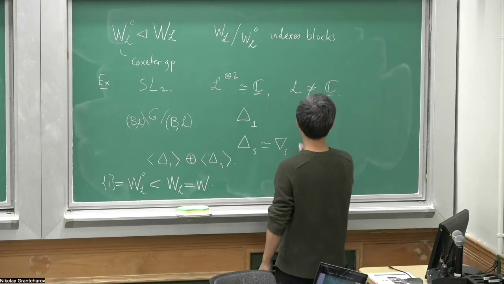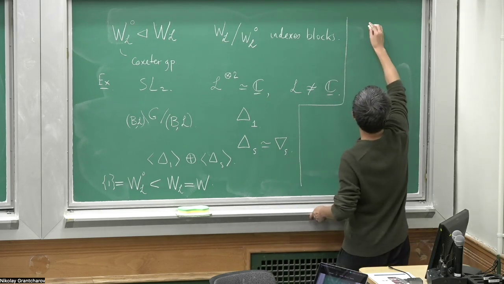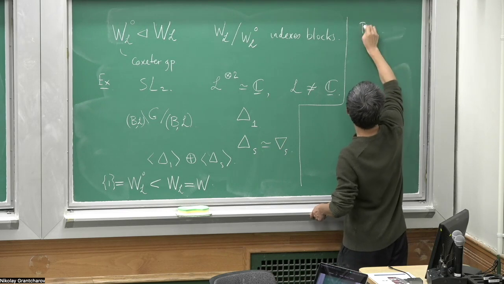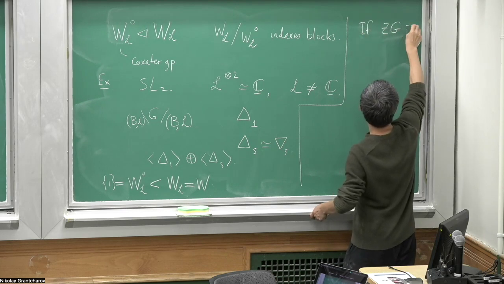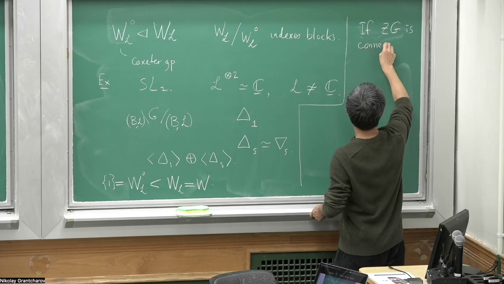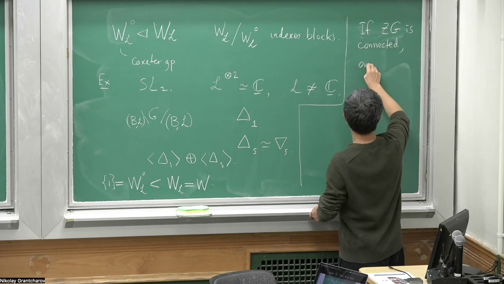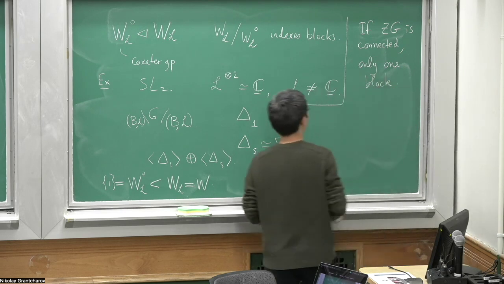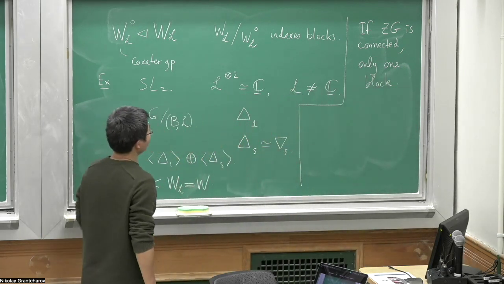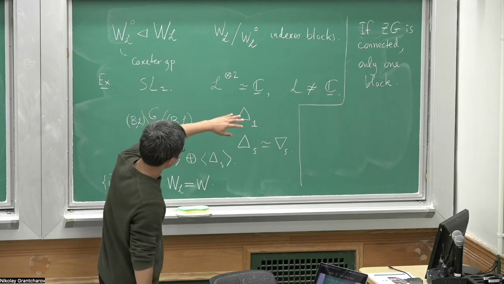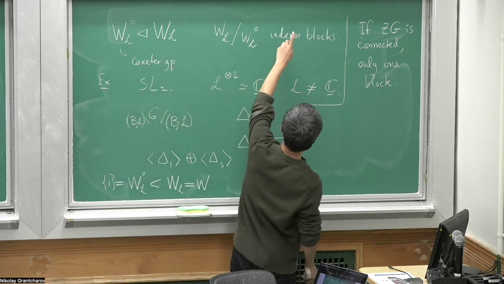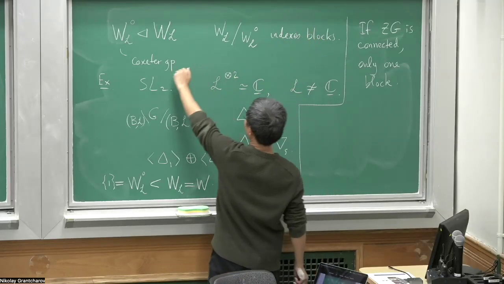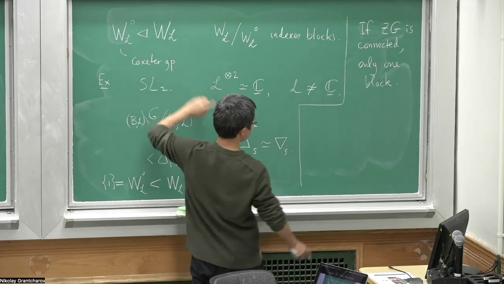Okay, but you can ignore this if G has connected center. Then only one block. Only one block. And in that case, there is a unique largest IC sheaf corresponding to the longest element.